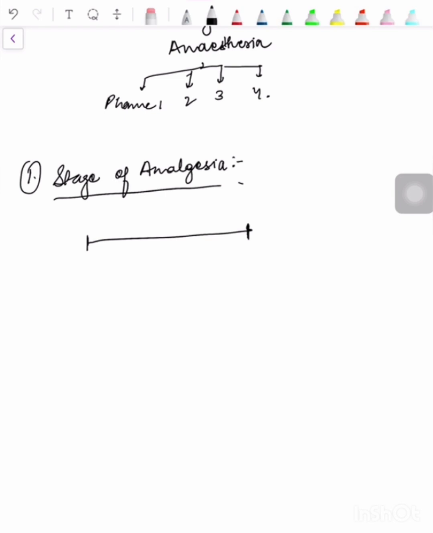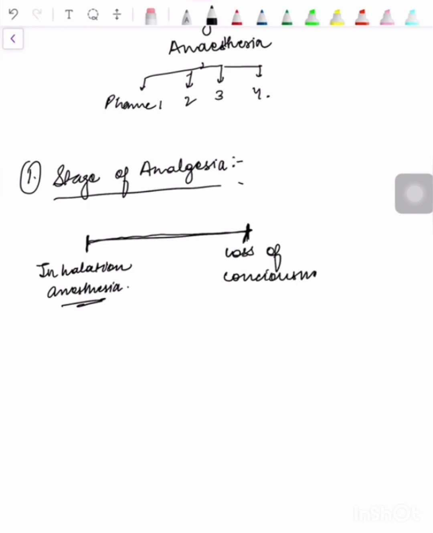Suppose you are giving your patient an inhalational anesthetic. This is the beginning. This stage starts just when you have administered the anesthesia till the person has lost consciousness. Within a few seconds, or in a matter of time, the person will lose consciousness. This is your stage of analgesia.